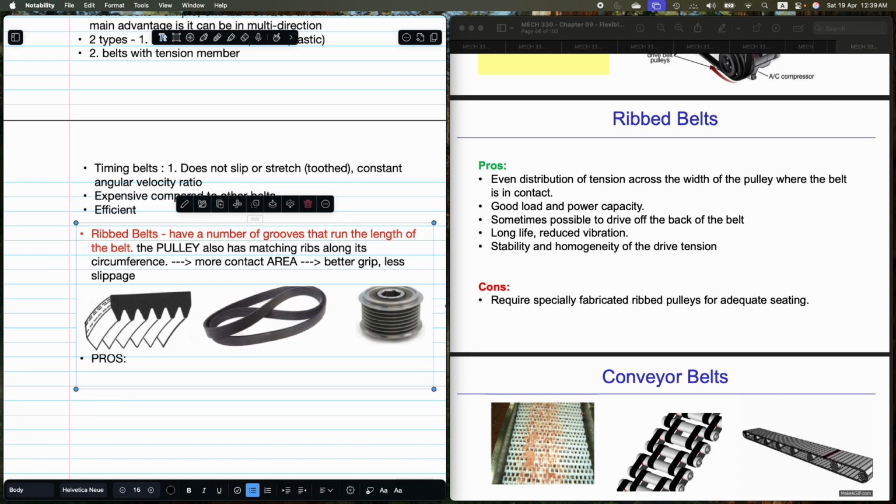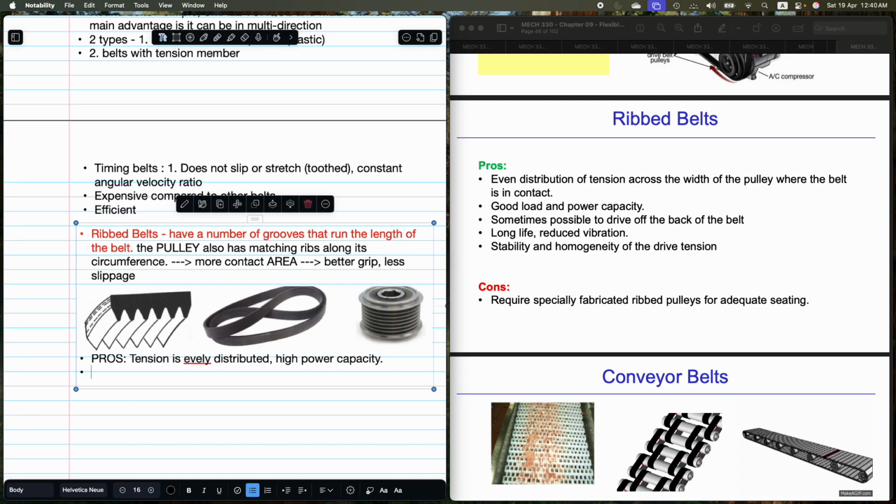Even distribution. So tension is evenly distributed. What else? Good load, high power capacity.